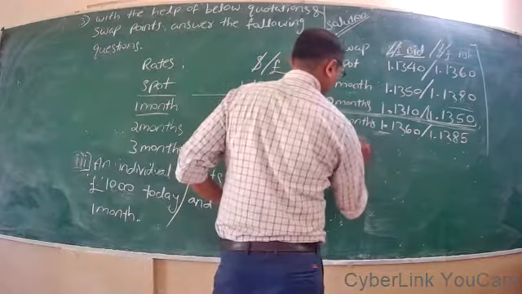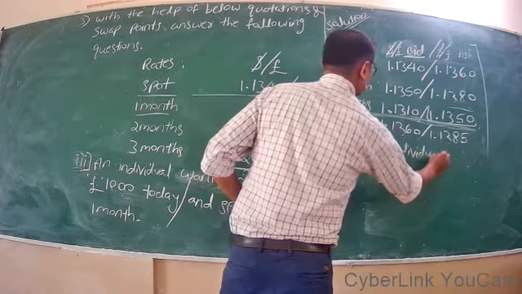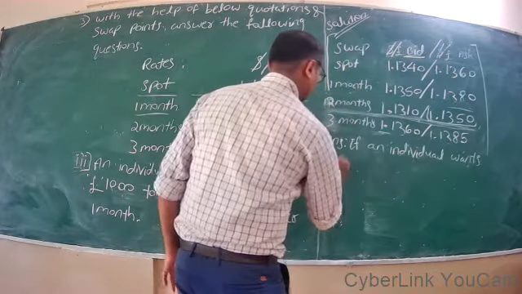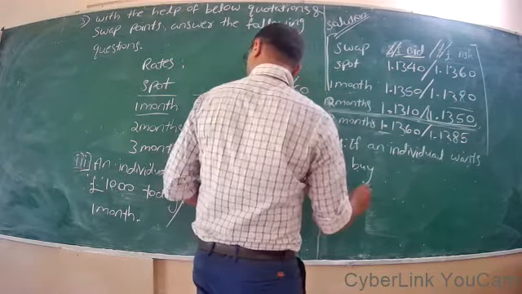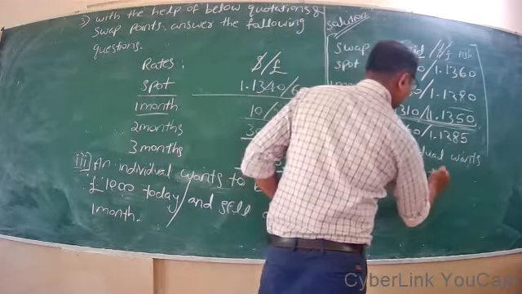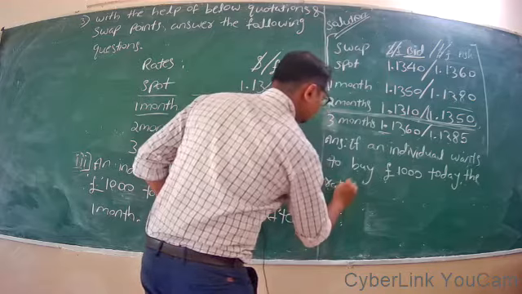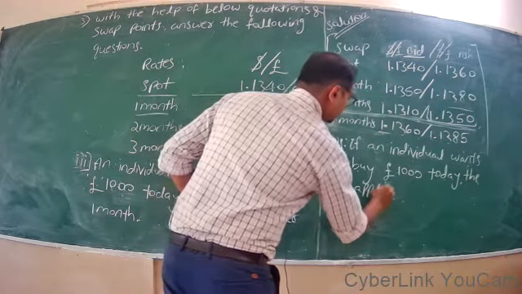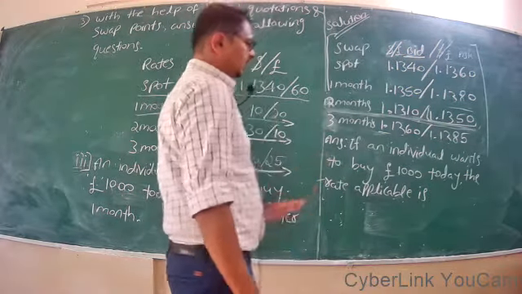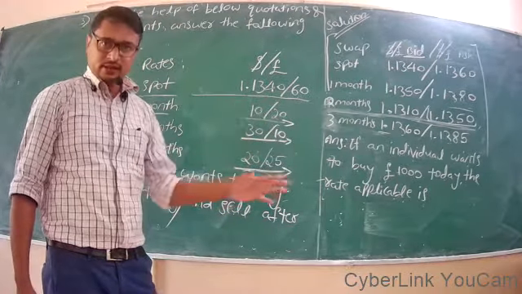If an individual wants to buy 1000 sterling pounds today, the rate applicable is, think about it, he intends to buy these sterling pounds at this particular moment.